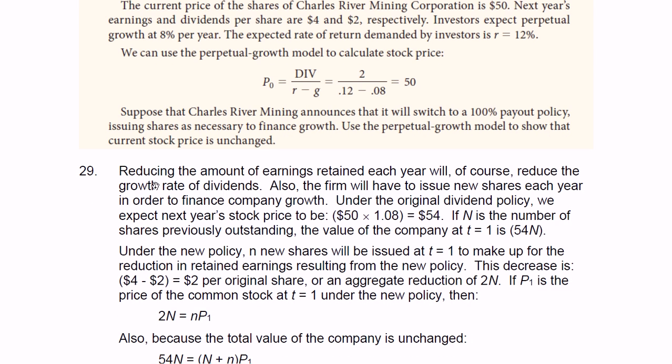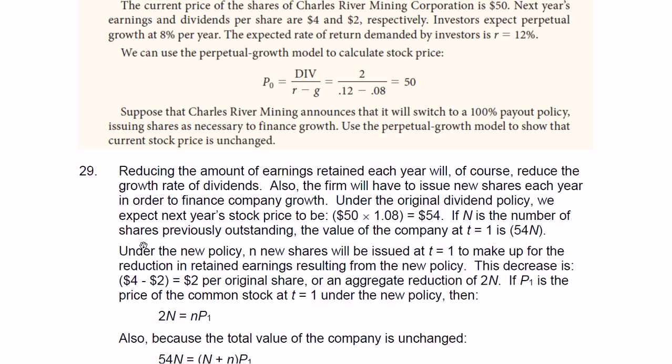So reducing the amount of earnings retained each year will, of course, reduce the growth rate of dividends, but the company is issuing new shares to finance it. So under the original dividend policy, we expect next year's stock price to be, the growth rate is 8%, so next year it will be $54.